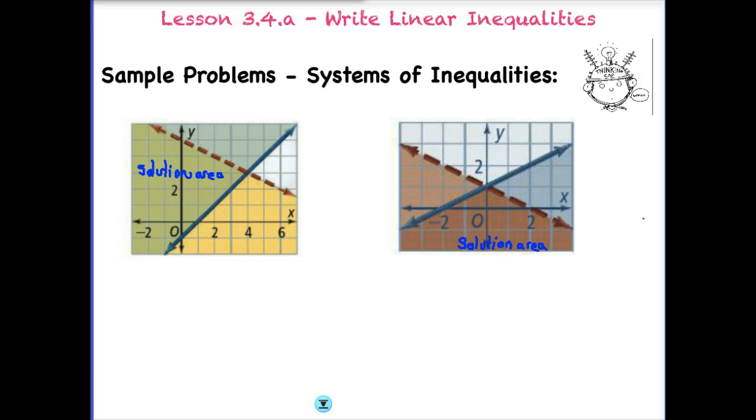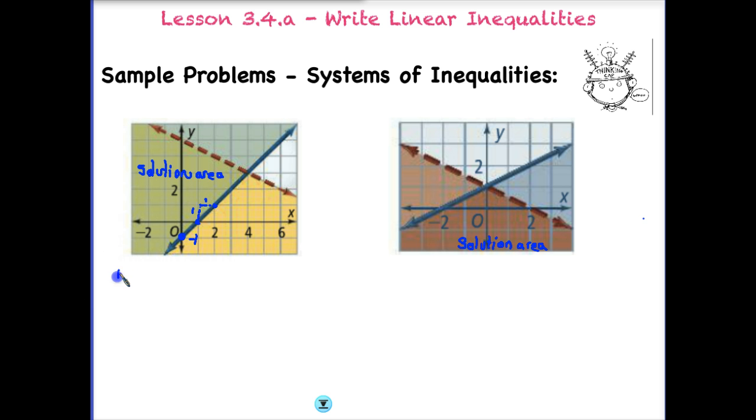So let's first do this blue solid one. I just need to locate my y-intercept, which is here at -1, and I need to find the slope. It looks like here's a point, here's a point. So my slope is just going up 1 over 1.